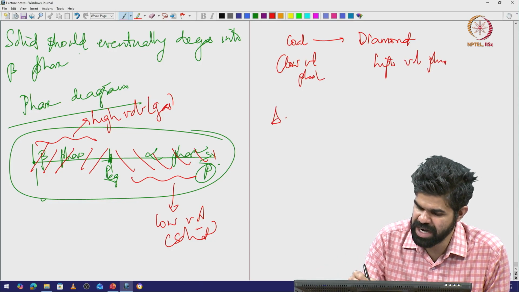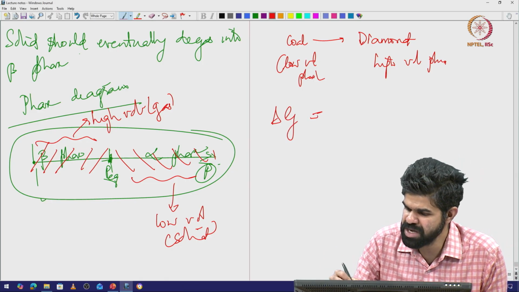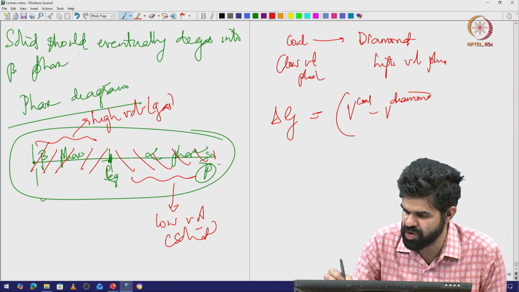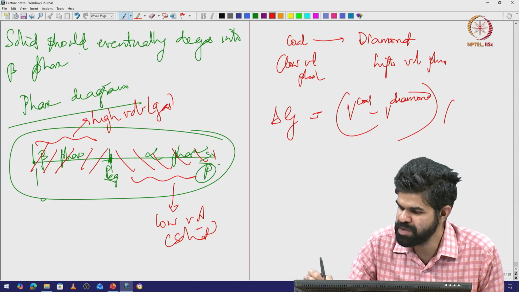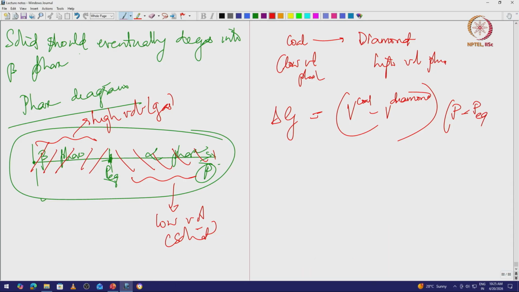Here, delta G is V of coal minus V of diamond, which is a positive quantity, times P minus P equilibrium.